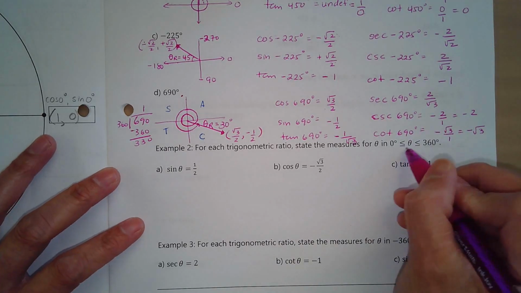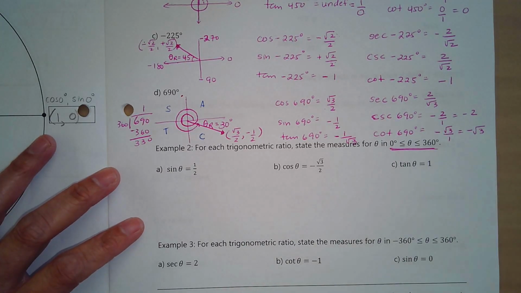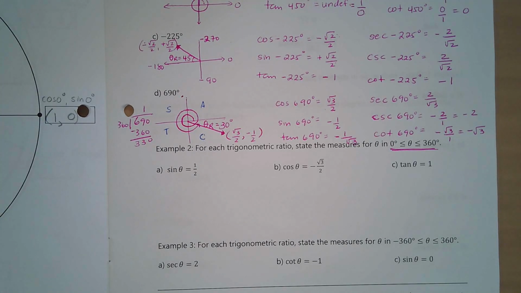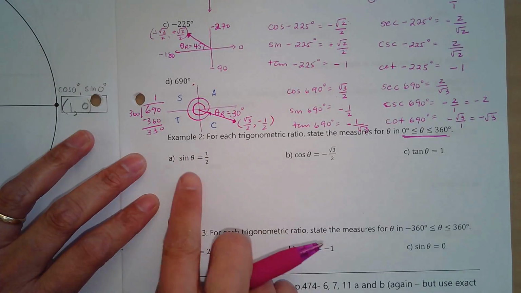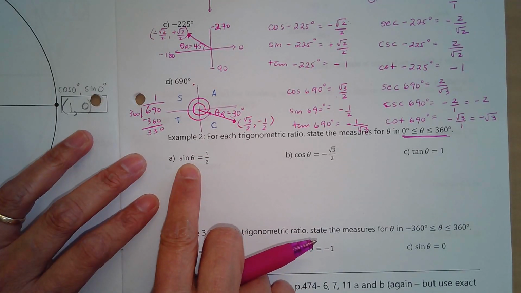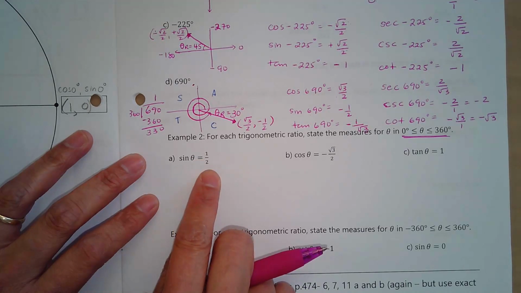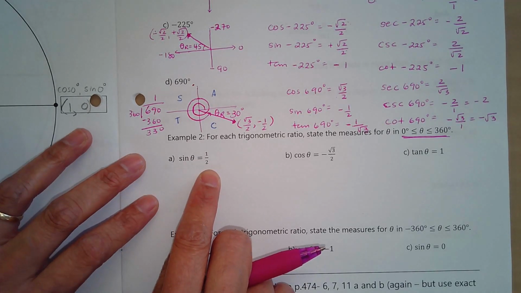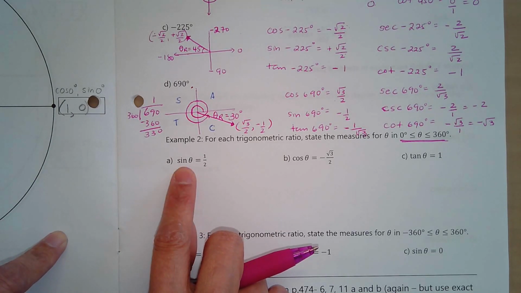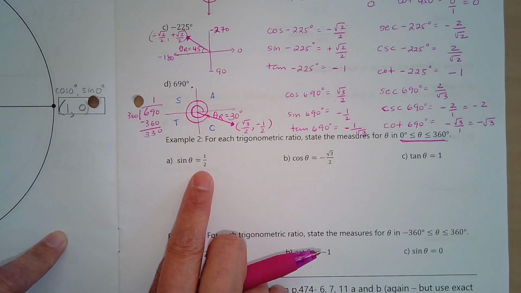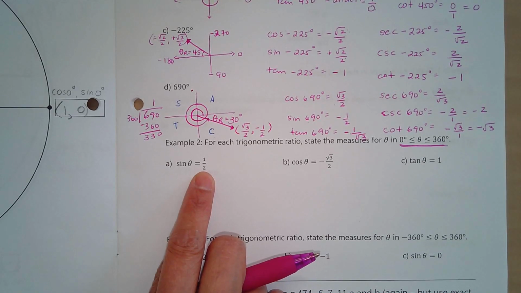Our domain here, our theta has to fall between 0 and 360 degrees. That's a great thing, 0 to 360 degrees. So we look at this one. Sine of theta is equal to 1/2. We have to ask ourselves, what angle or angles where sine is positive? Because this is a positive 1/2, right?